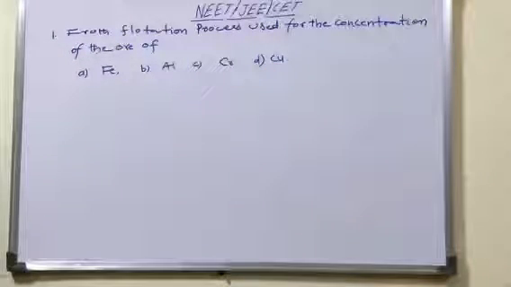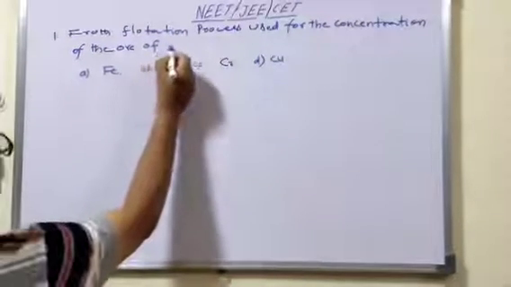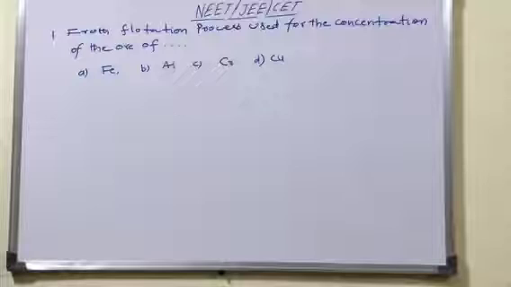I repeat the question. Froth flotation process used for the concentration of the ore of, options are given: iron, aluminum, chromium and copper.